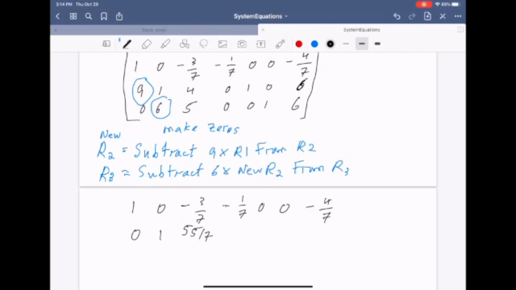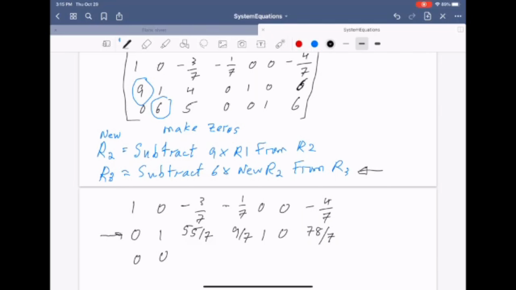All right, we do the same thing for the other elements. So we get 9/7, 1, 0, and 78/7. And if we do the same thing following the instruction here, and you can work that out on your own, we got 0, 0, because we're subtracting 6 times this new row.